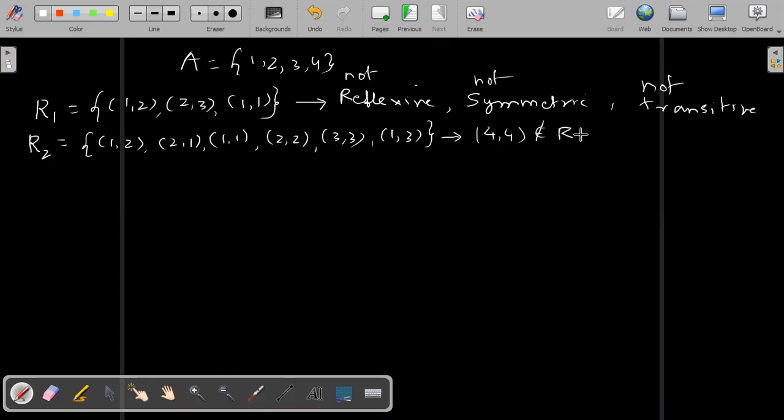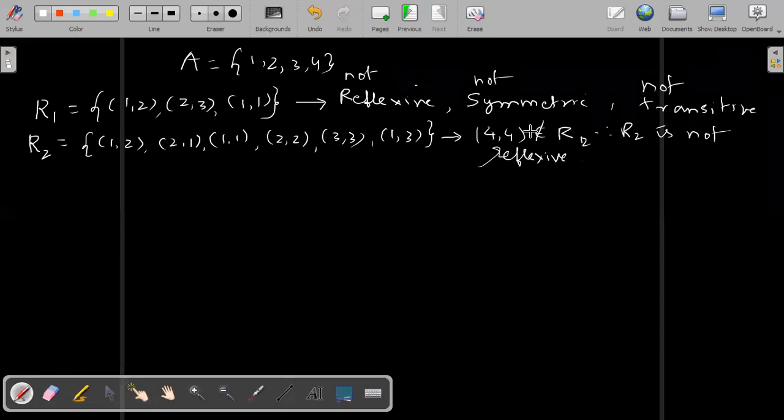Therefore, R2 is not reflexive. And this is also not an identity relation.